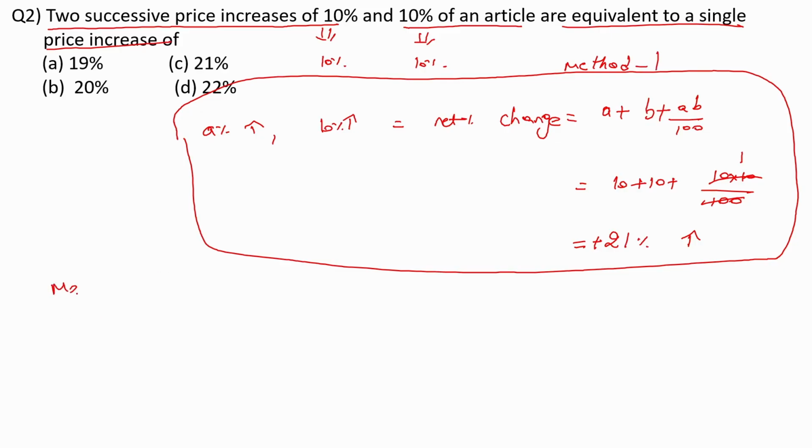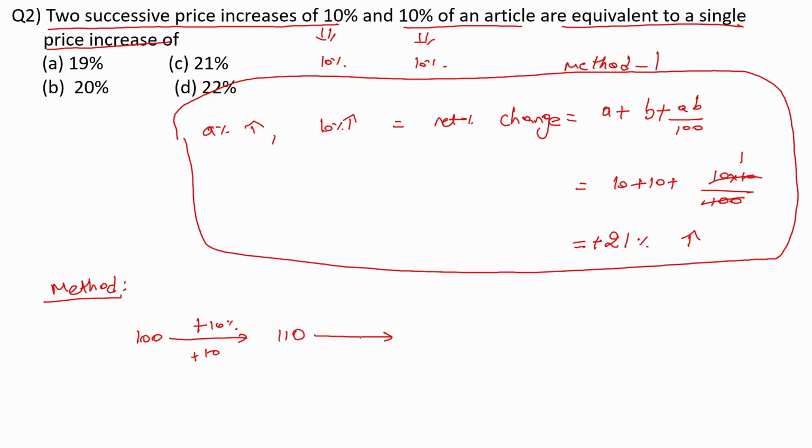Look at this another method, guys. This is method 2. As I said, the options are in percentage values. I would take my initial value to be 100. It is first increased by 10%, that is 10 rupees. It would fetch me 110 rupees.